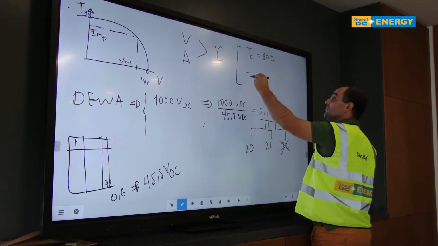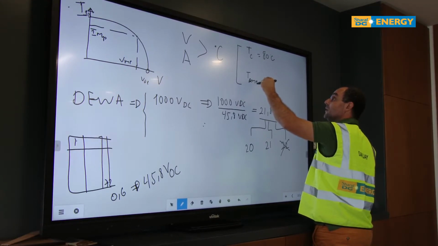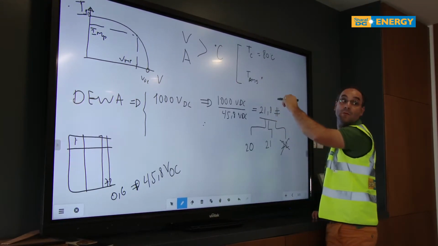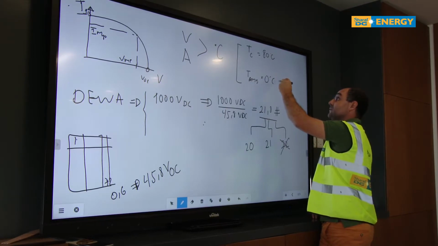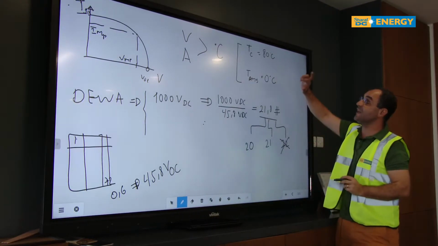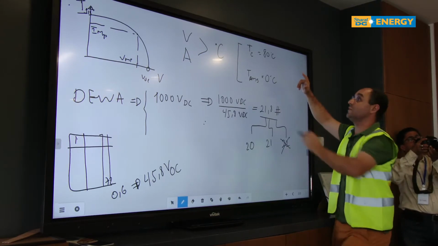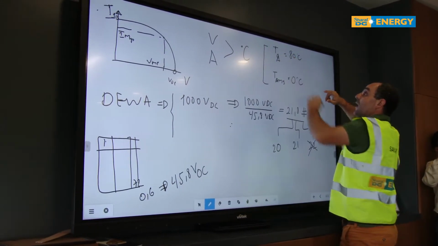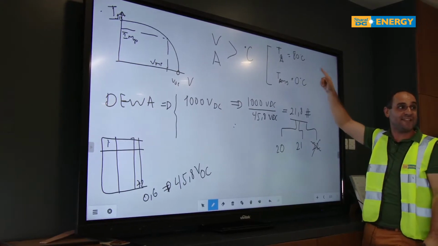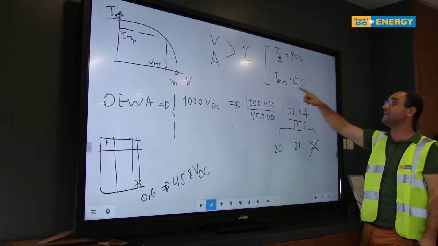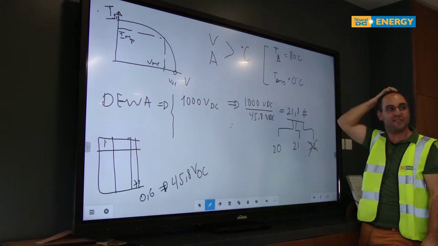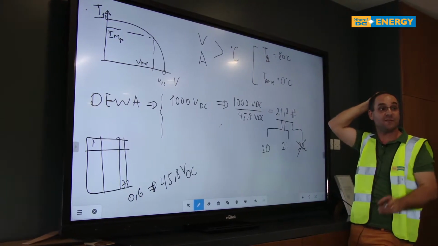T minimum, T ambient, can go to 0 degrees. So what we are saying is that our ambient temperature can reach 80 degrees and can reach 0 degrees in this location.